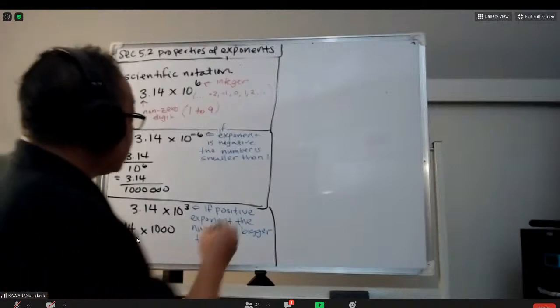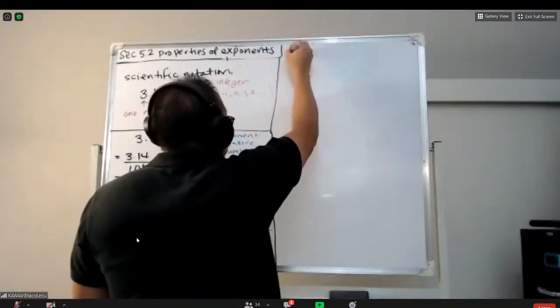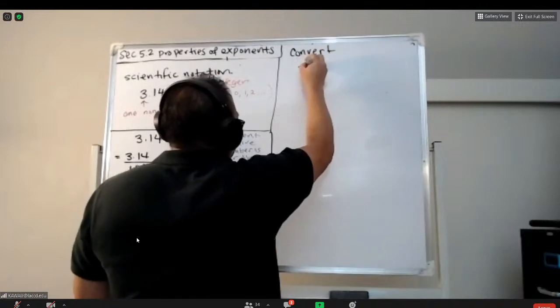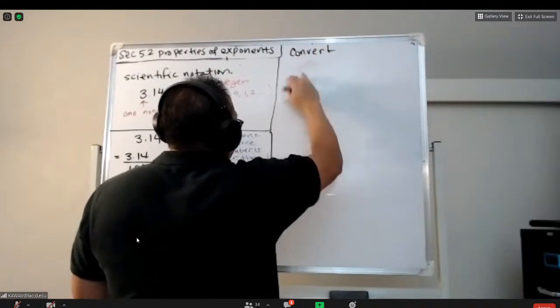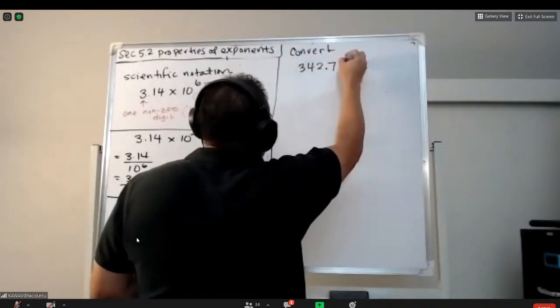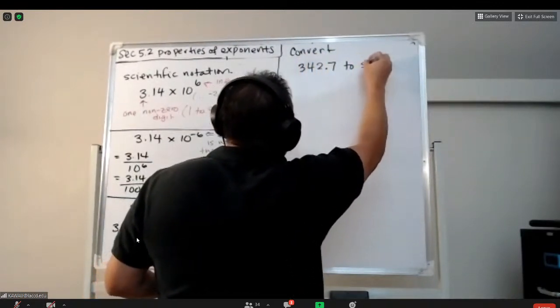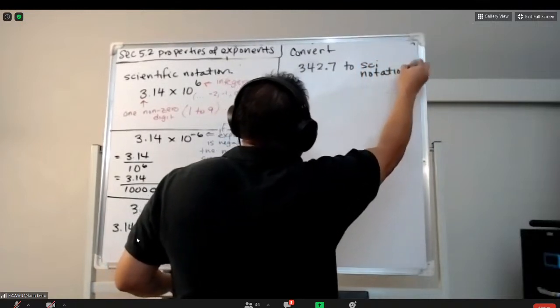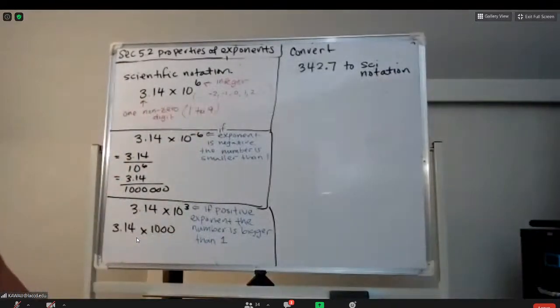So let's look at this. If I write, convert 342.7 to scientific notation. Let's just abbreviate that.